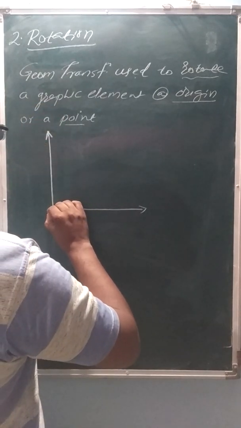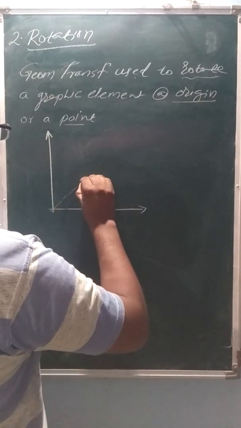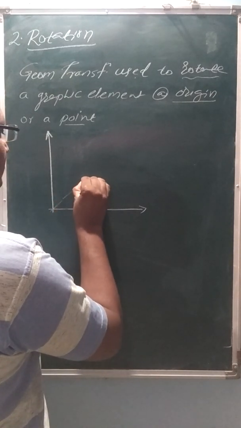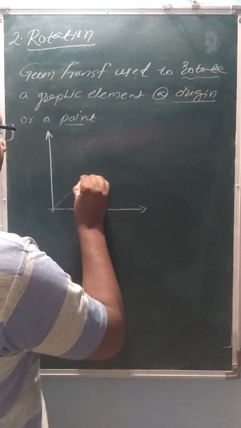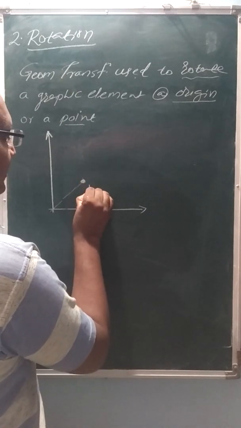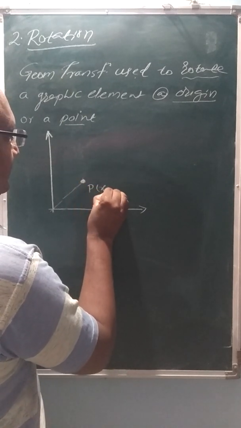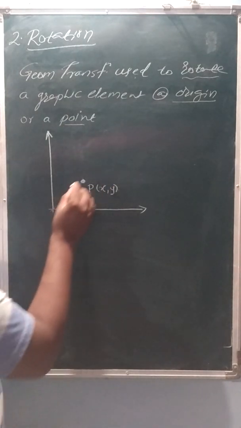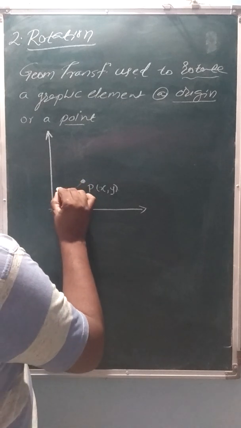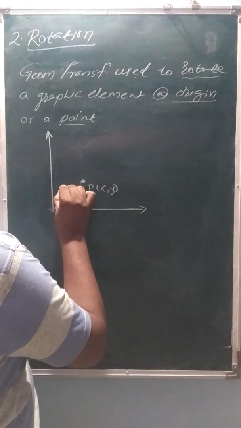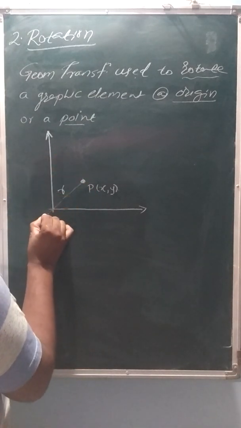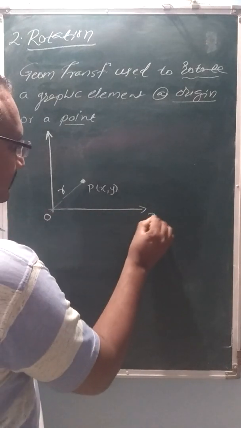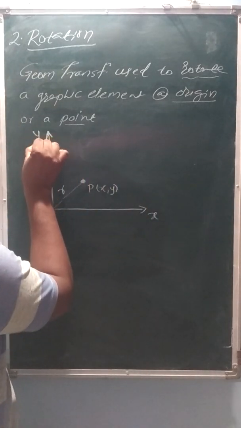So we are considering a point as a geometric entity, point P (x, y). This particular point P is located at a radial distance r from the origin. So these are the x and y axes.